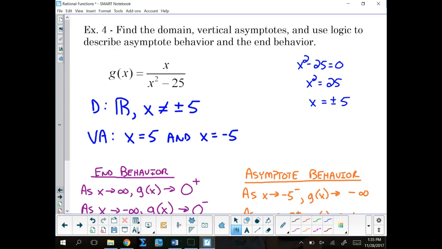What's the horizontal asymptote of this one? Y equals 0. Yep. So that's where those come from. You just have to figure out above or below. That's the only problem.